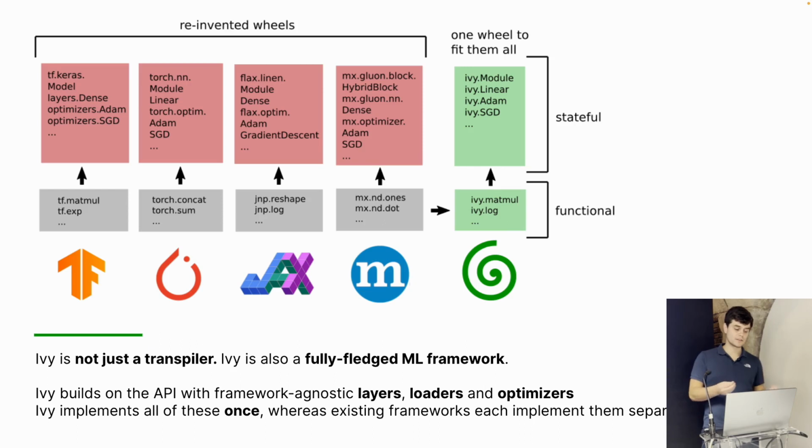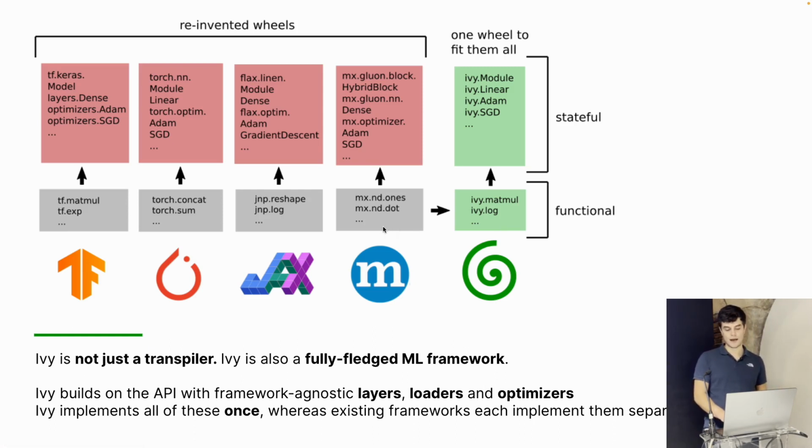But Ivy is not just a transpiler, it's also a fully fledged machine learning framework itself, where we have a stateful API containing modules and so on. So you can build your neural networks, your data loader class, your trainer class, etc. All of this can be done in Ivy. And the way we do this is that we go directly through our own functional API, which itself only wraps the functional APIs of the existing frameworks.